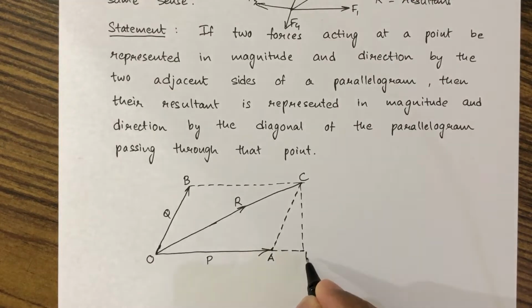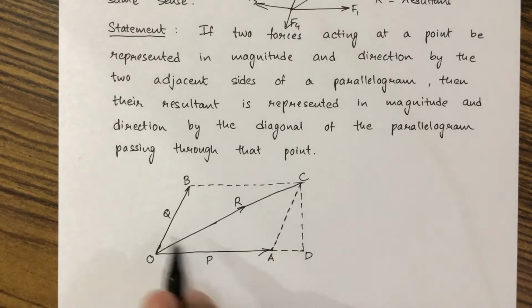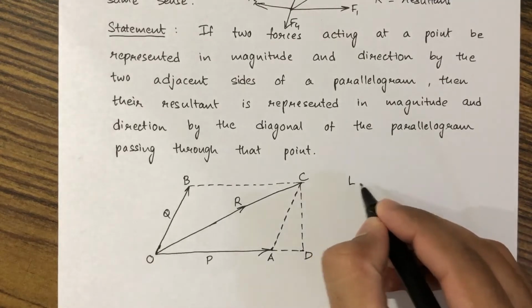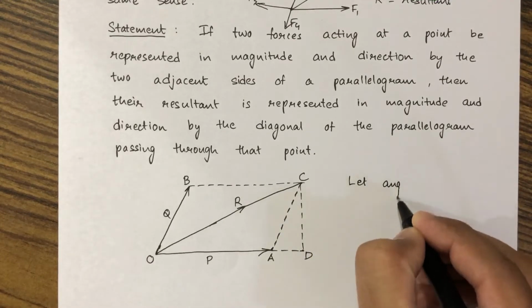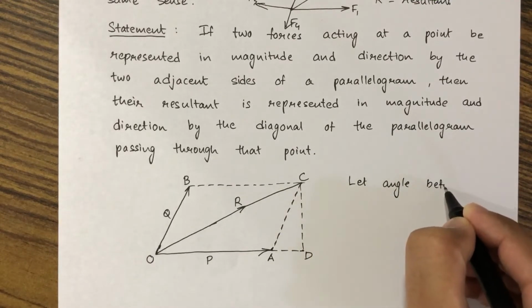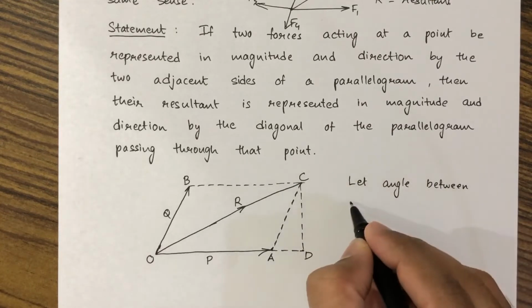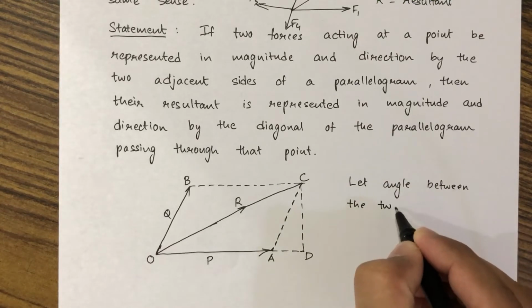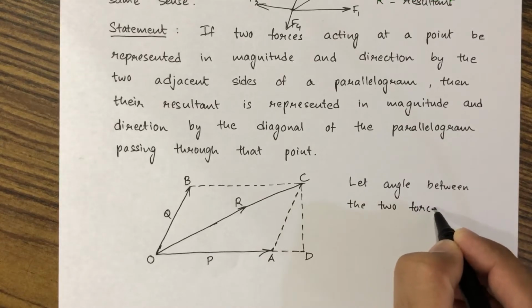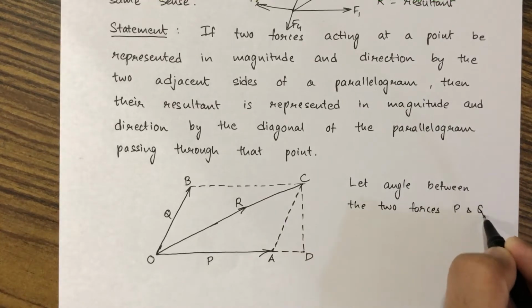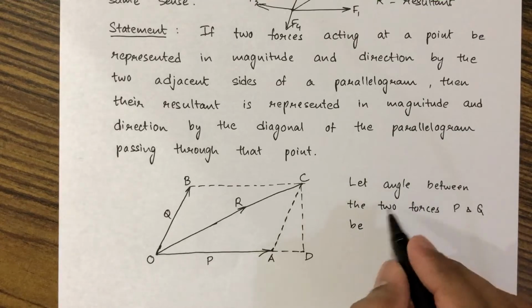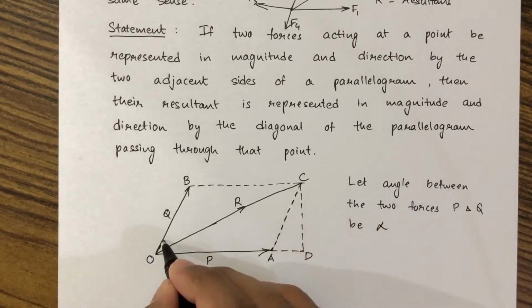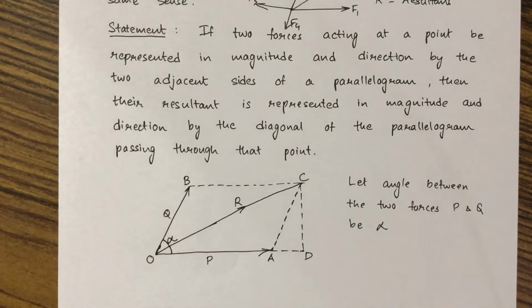So let this intersect at this point D. Let the angle between the two forces P and Q be alpha, means this angle, let this be represented as alpha.